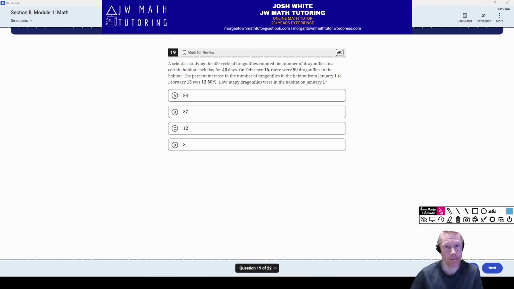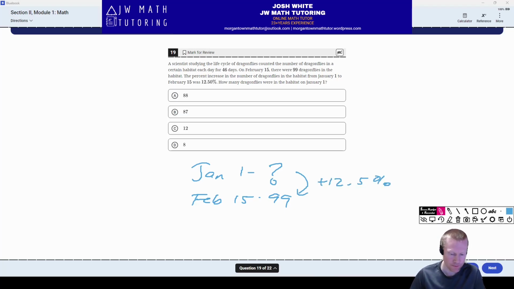So essentially, January 1st, there were some number of dragonflies. February 15th, there were 99. January 1st, we don't know. That's what we're trying to find. They tell you the percent increase was 12.5%.